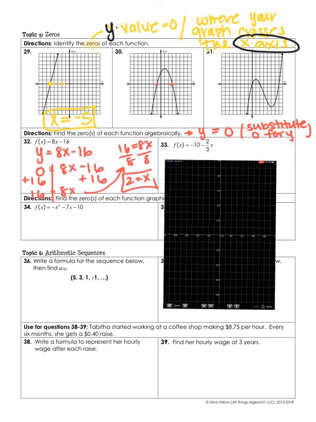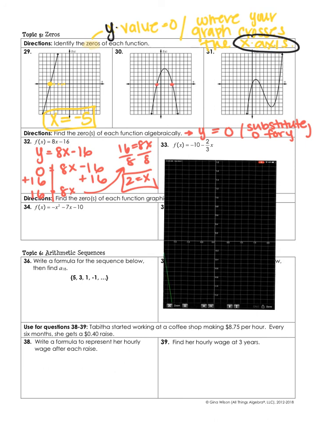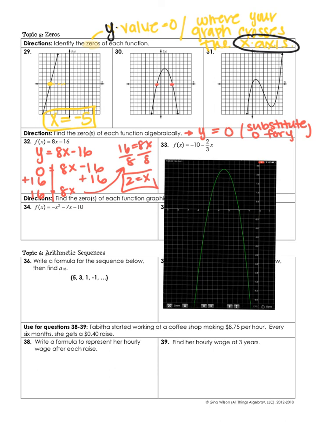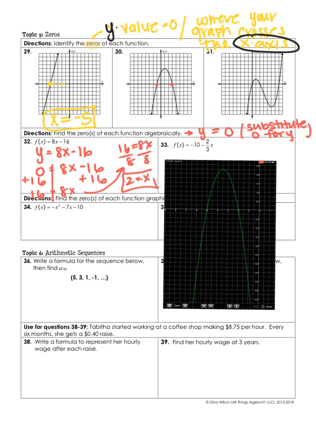When you hit graph, make sure your window is right so that you can see your graph. So I'm going to have to move mine over a little bit. When I zoom in to see it, you can see that it crosses the x-axis at negative 5 and negative 2. So the zeros for number 34 are x equals negative 5 and x equals negative 2.